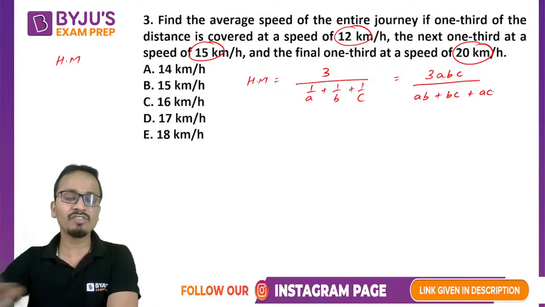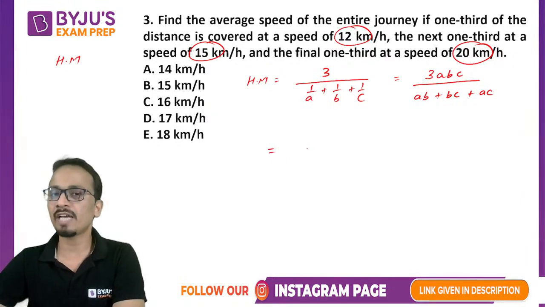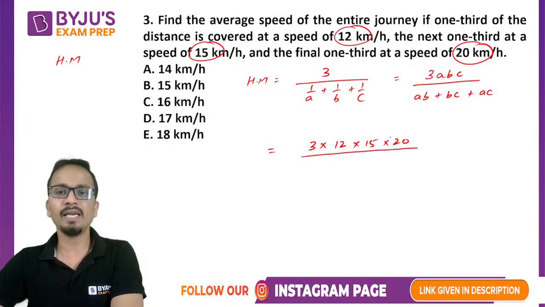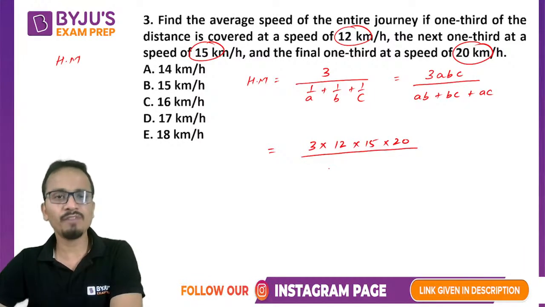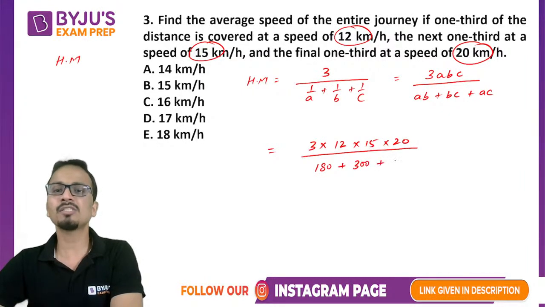If you have this particular formula in your mind, then you will not take a lot of time to solve this question. So 3 times 12 into 15 into 20 divided by AB, that is 12 into 15, which is 180, plus 15 into 20, 300, plus 20 into 12, that is 240.